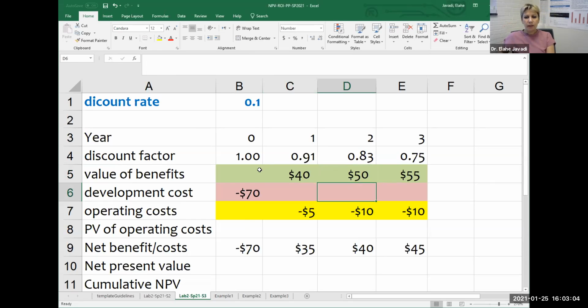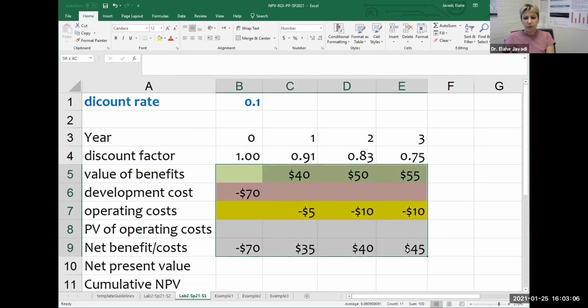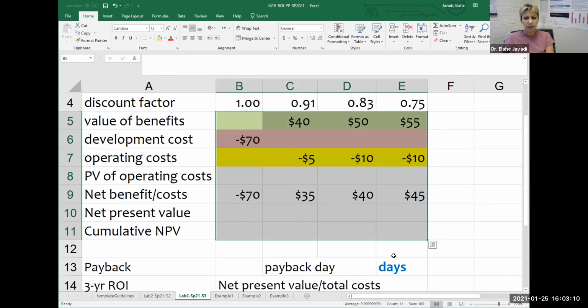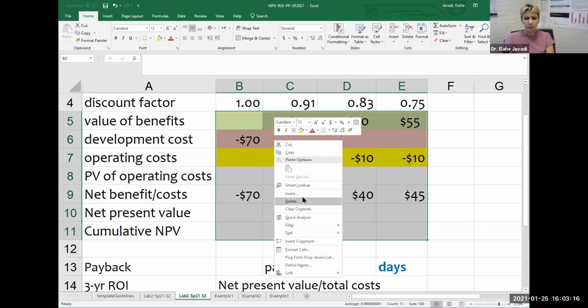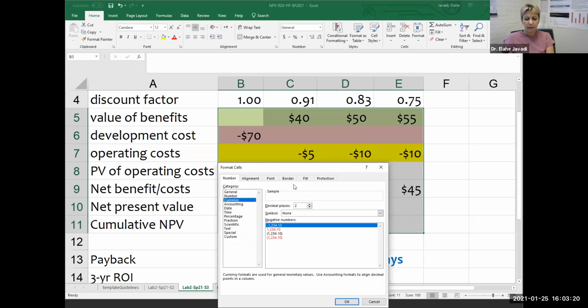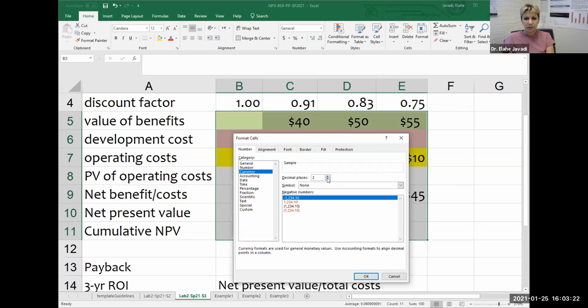Now, if you wanted to change the format of your worksheet, as I do, to see numbers differently, go ahead, select this area, right click, because these are all dollar values. Right click, format, go to currency, select 1 decimal point, and pick the last format.